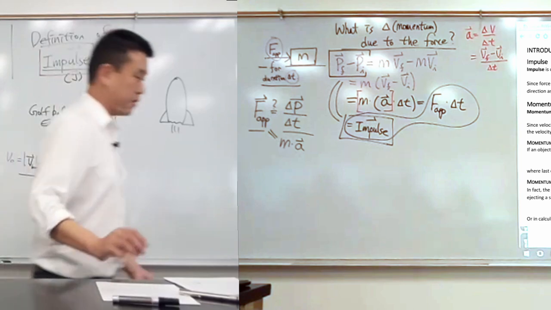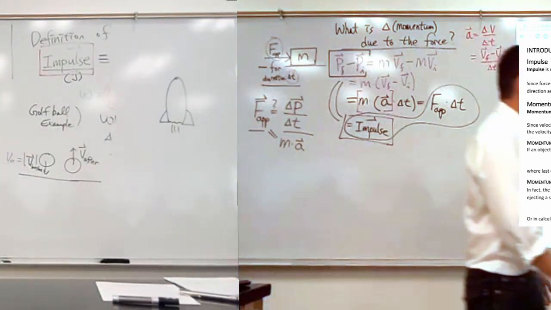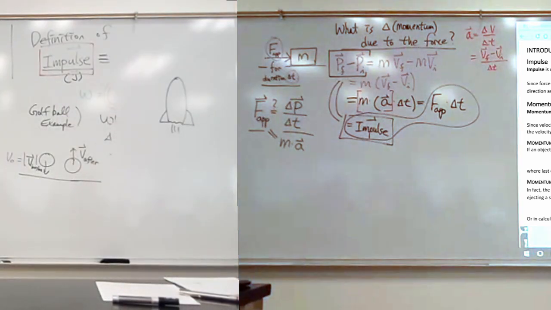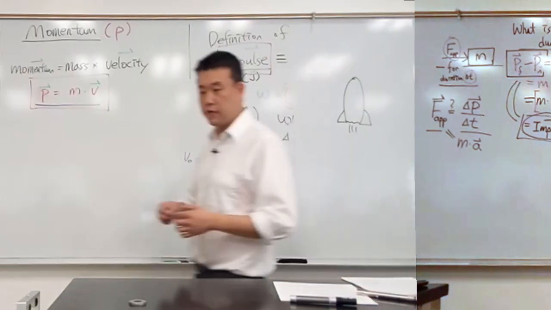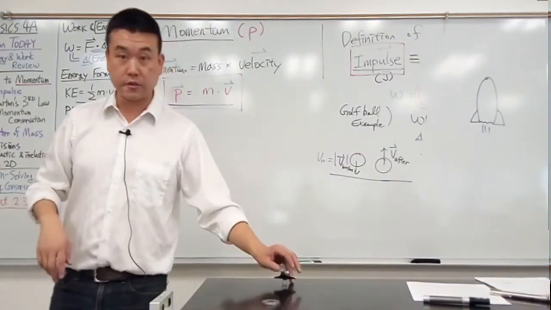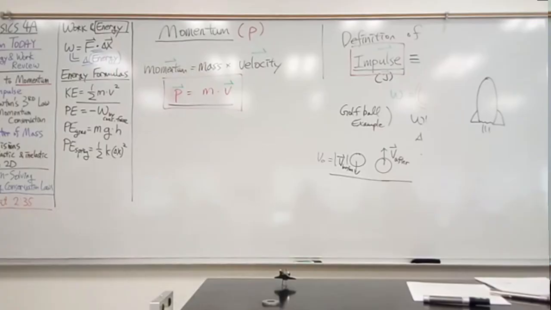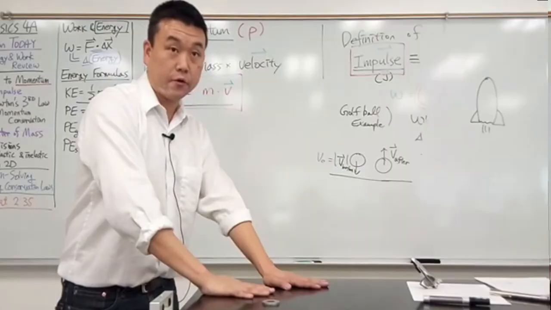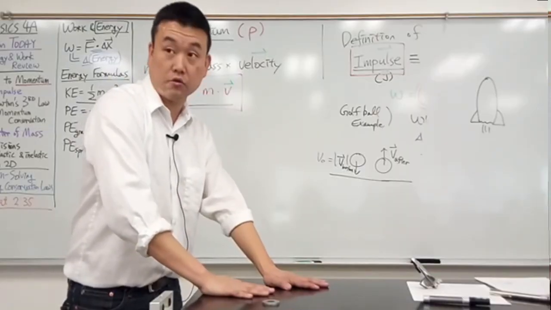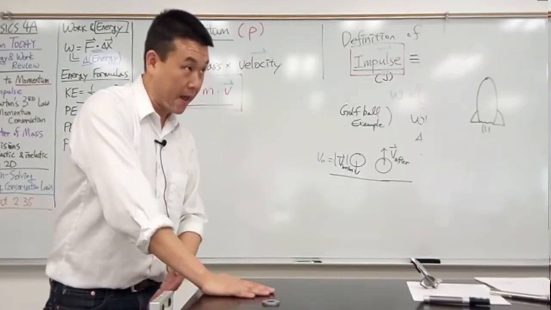In terms of how you get yourself to move, the way you normally move is by reaction force. When I walk, I use my foot to apply a force to the ground, I push the ground back.